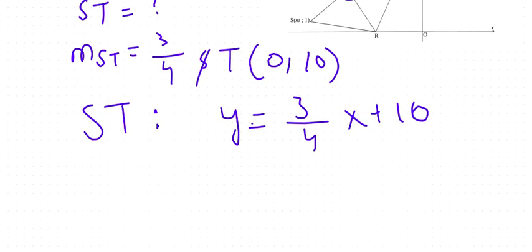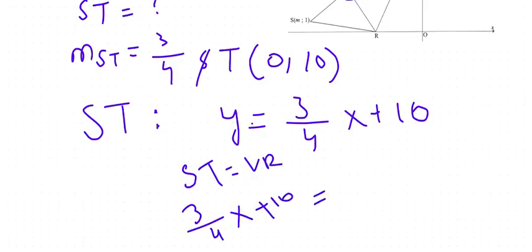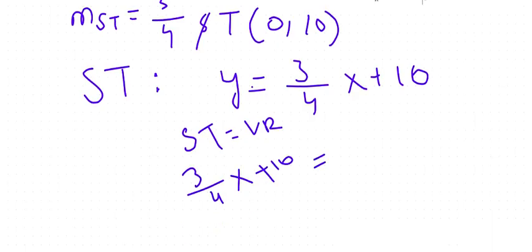Putting their values, we have 3 by 4 x plus 10 equals minus 4 by 3 x minus 20 by 3.